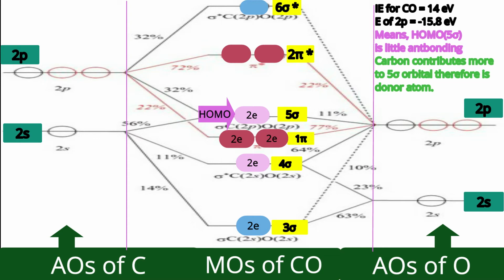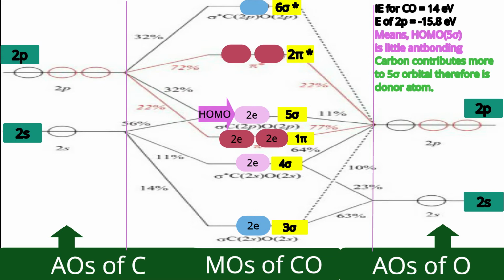The 3 sigma orbital is majorly contributed by 2s and it is bonding to that. So it is perfectly bonding, therefore represented by sky blue color. In the 4 sigma orbital, the major share is from the oxygen 2p orbital and to that it is bonding. But to the 2s orbital of the oxygen it is anti-bonding.